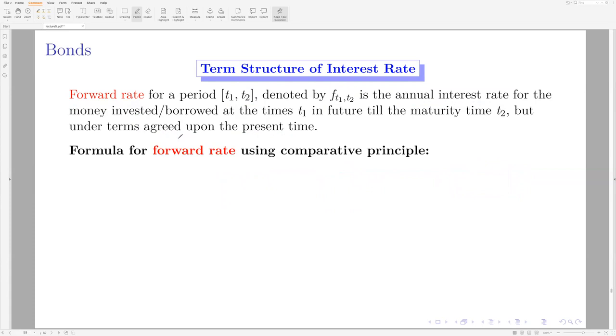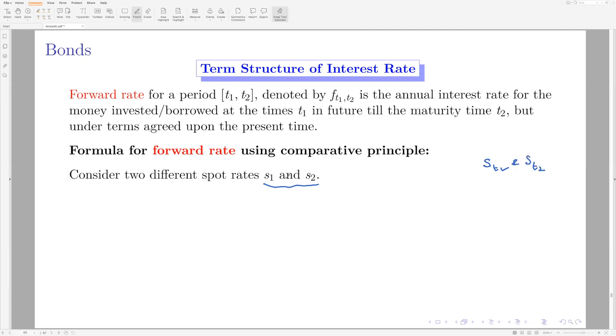What is the formula for forward rate? There is a way to derive the formula for forward rate using the comparative principle. What is that? We will try to compare two spot rates of different periods. It can be a spot rate at T1 and a spot rate at T2.